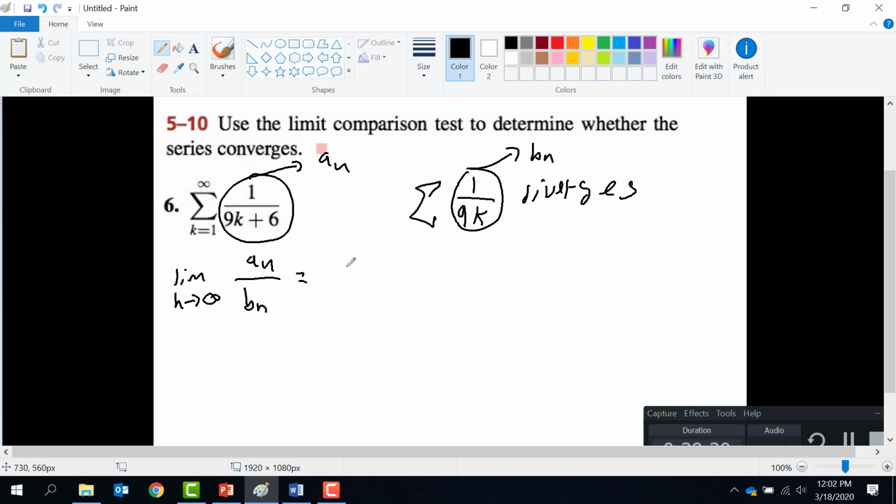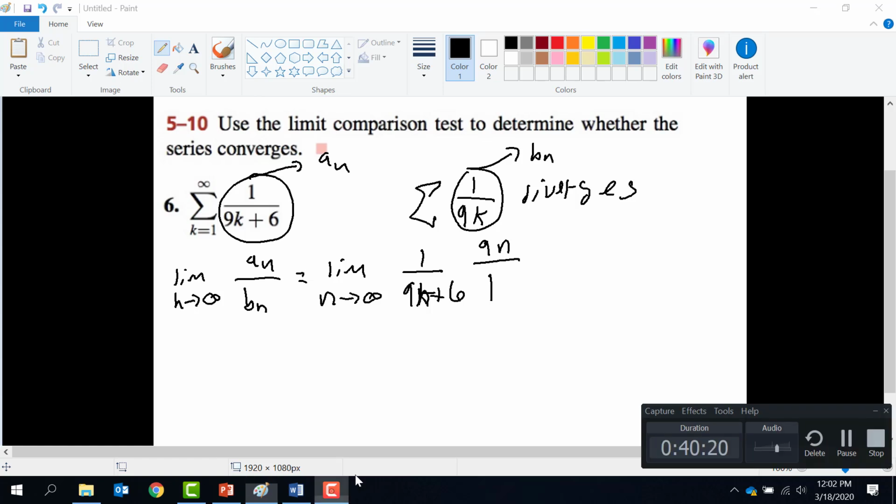And so then, since we're supposed to divide this one by this one, to divide, we multiply by the reciprocal. So we have 1 over 9k plus 6. Ooh, I'm mixing my input variables here. It should be 1 over 9n plus 6, and then 9n over 1, right?